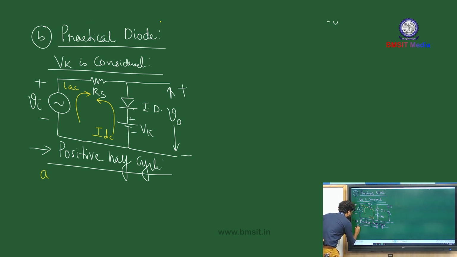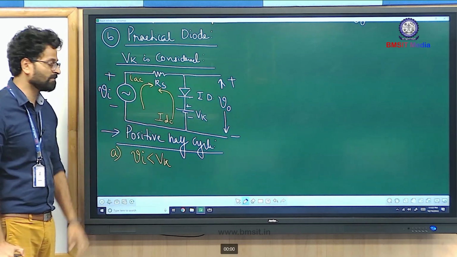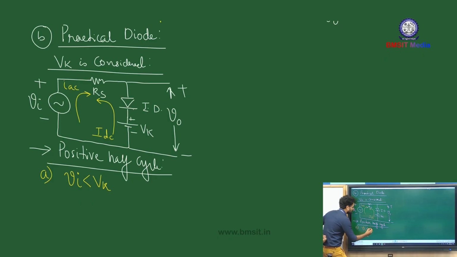For that, let us consider two scenarios. Scenario 1 is the instant at which your input source is less than Vk. That means the potential of the input is less than the barrier potential. Remember one thing: this barrier potential is analogous to a DC source, which has a fixed voltage, 0.7 for silicon and 0.3 for germanium.